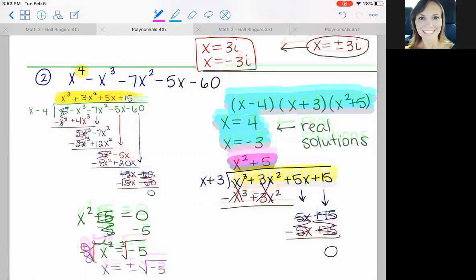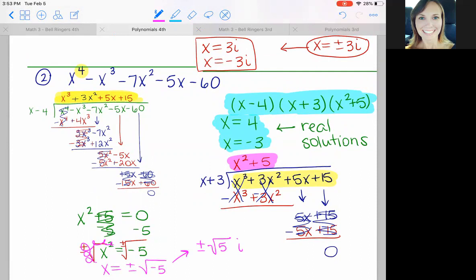Well, we don't like square roots of negative numbers, so we change that and make it plus or minus the square root of 5i. Don't take the square root of 5, like just leave it as the square root of 5i, because the square root of 5 is not a nice number, so we don't actually take the square root.